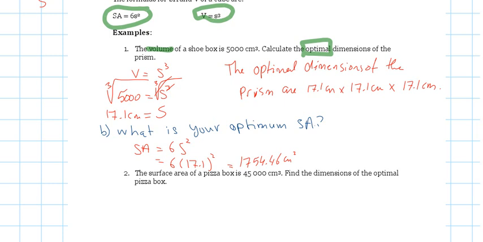Okay. So the surface area of a pizza box is 45,000 centimeters squared. That's a mistake right here. So that should be centimeters squared. Find the dimensions of the optimal pizza box. So what shape should it be?